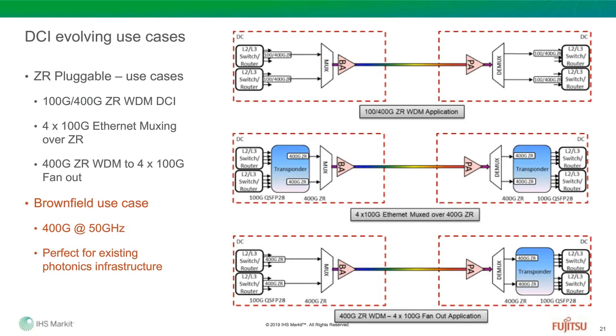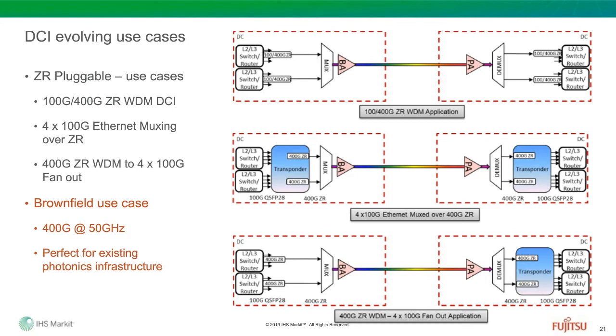One shown on the top is the standard pluggable IP over WDM, where ZR modules are plugged directly to layer 2, layer 3 devices. Another use case shown in the middle is a transitionary application where the ZR is used to transmit 4 by 100 gig mux signal.